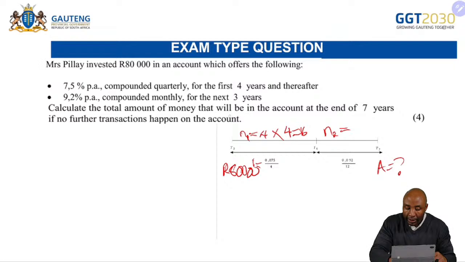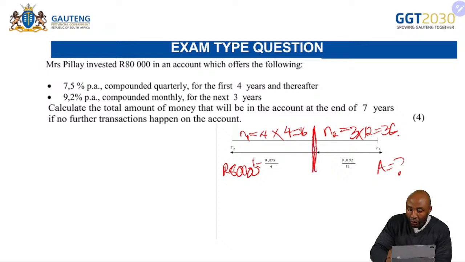It's 3 years, but the interest is compounded monthly, meaning for our N2, this will be 3 times 12, giving us 36. So we can use the compound interest formula, where we are saying the final amount at T4 will become the principal amount for the remaining 3 years there.